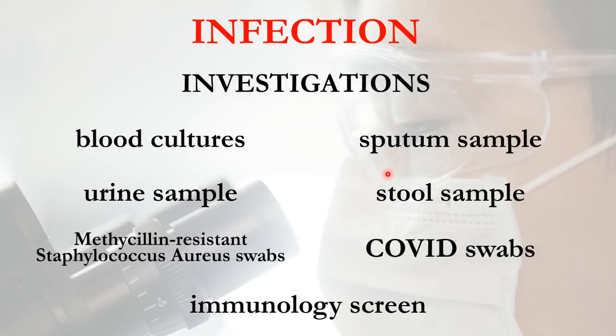In 2020, 2021 or so, we used to do COVID swabs, but not anymore quite recently. I'm not sure about other territories, but we do send MRSA swabs. And then immunology screens as well, if the doctors or the team think there are any immunology related checks that need to be done.